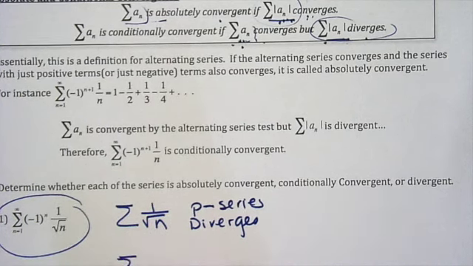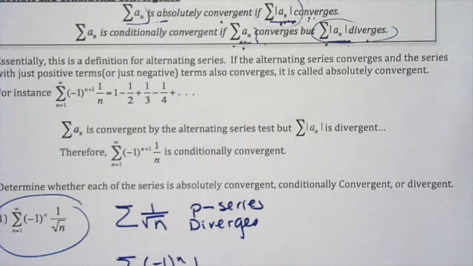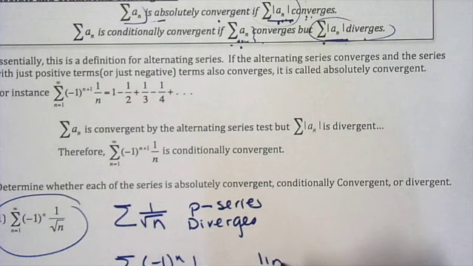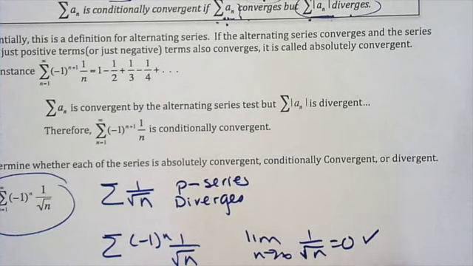sign. For this particular series, this is an alternating series, so I'm going to use the alternating series test. Is it true that the limit of the general term goes to 0? Yes, that is true. Is it true that the (n+1)th term is less than the nth term? Yes, this is true, so we would say this converges by AST.